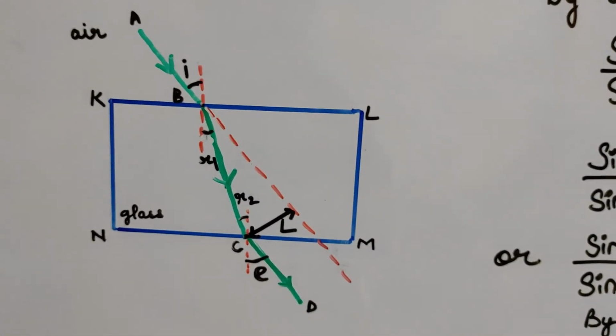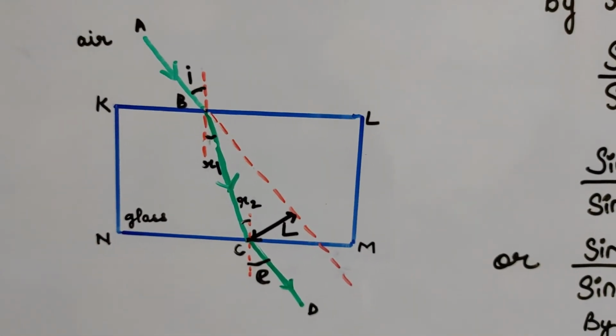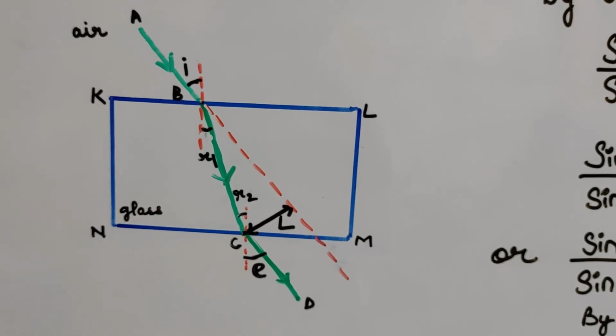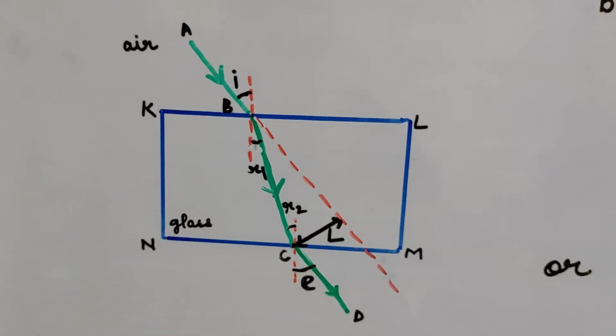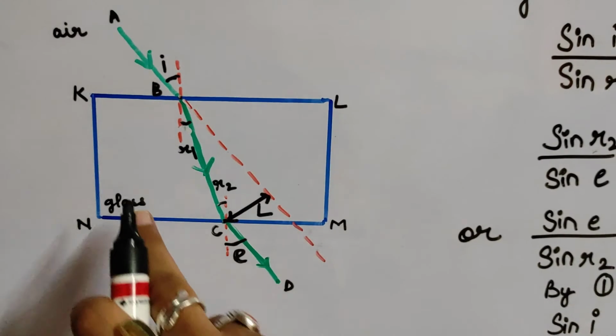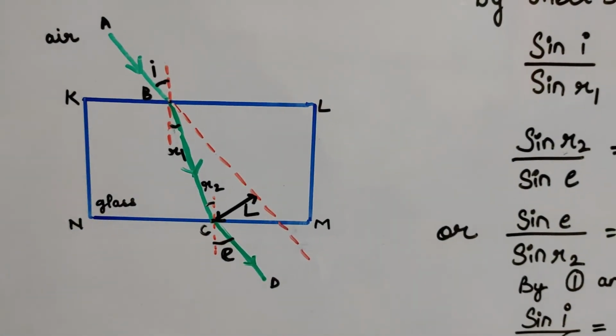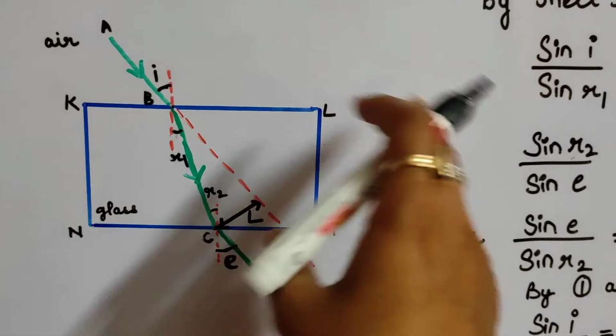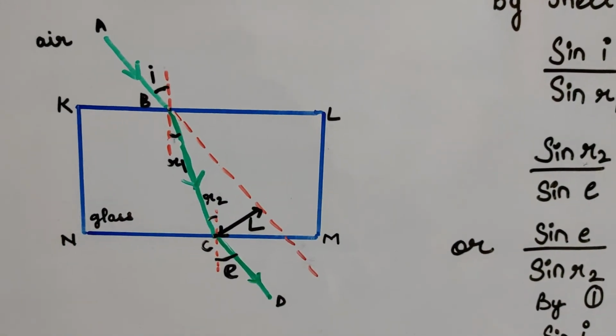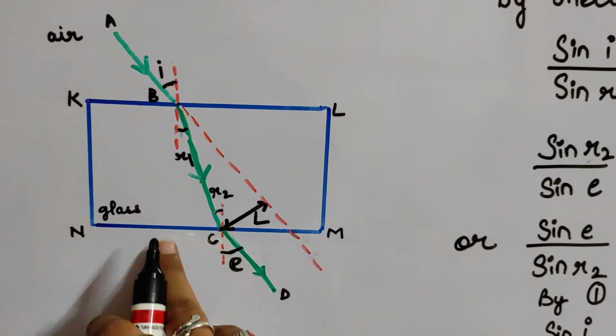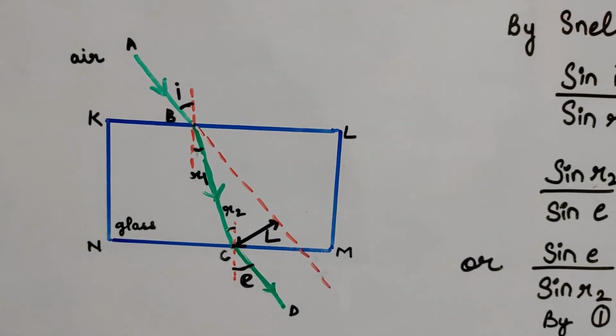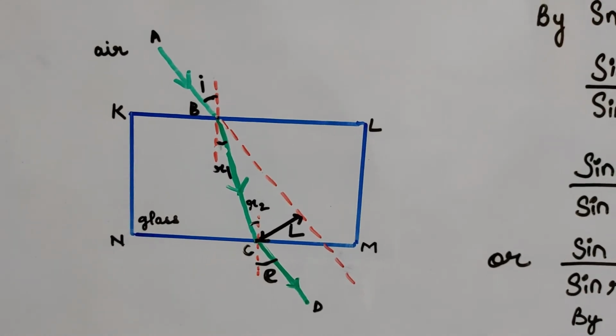It simply means that the emergent ray is laterally displaced when the ray entered the glass slab through AB.